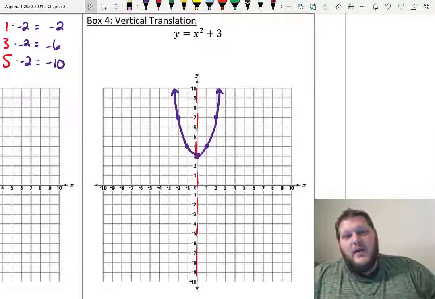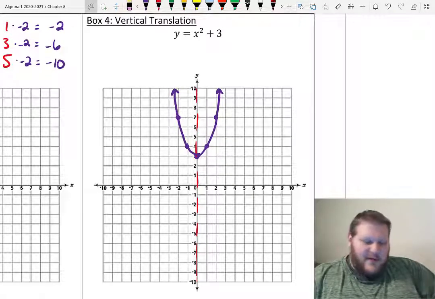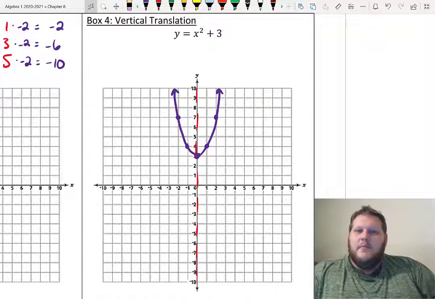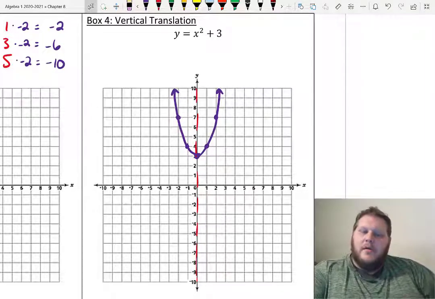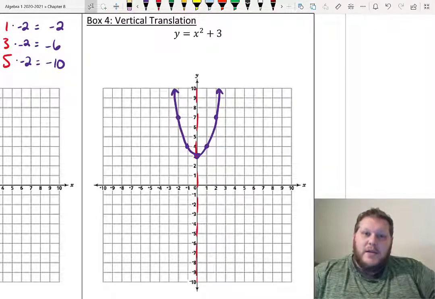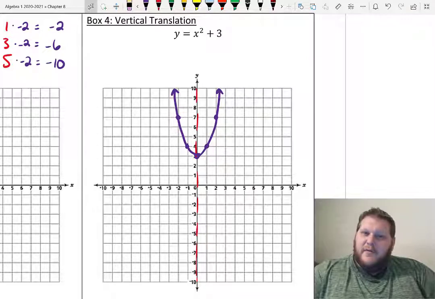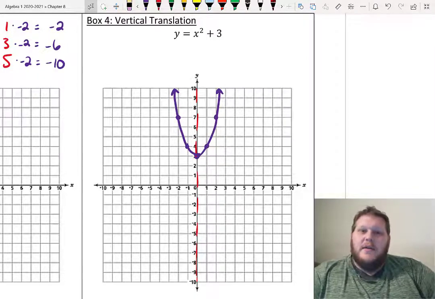Again, the big takeaway here is the 1, 3, 5 shortcut. All of this other stuff is kind of weird. It's kind of different. It's more so just focusing on how we can graph the rest of my parabola once we know where the vertex is. Because again, the next couple of sections moving forward are going to be looking at different forms that my equation can take on, different ways that my quadratic can be written, and we have different skills and formulas for how we can find the vertex for that particular equation.